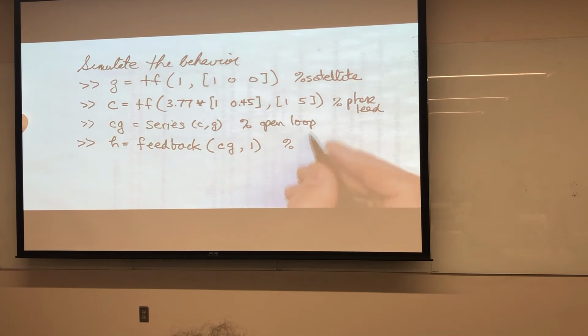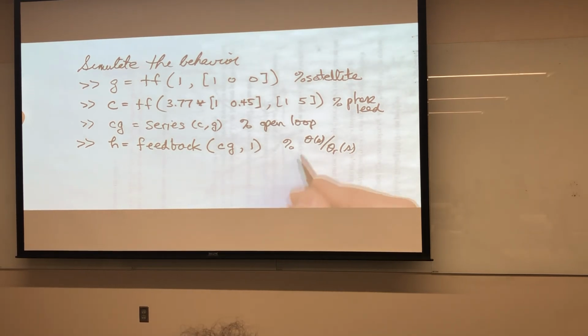So this is theta O of S divided by theta R of S. Okay. This is closed loop.